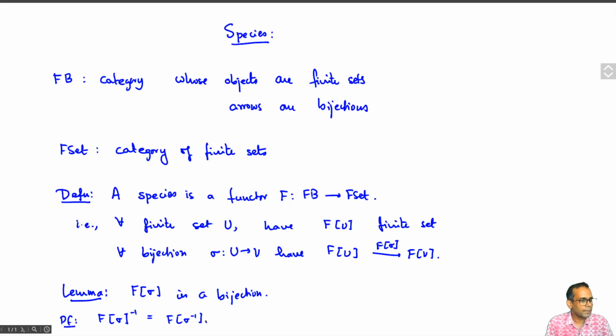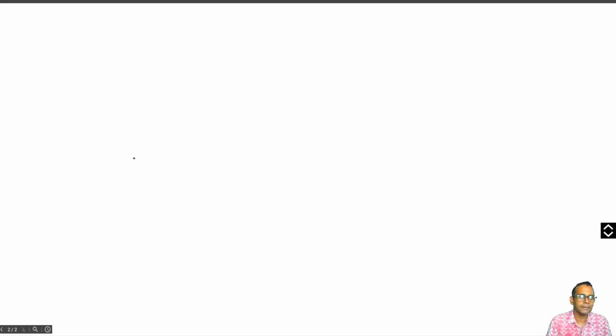Okay, so let's look at an example to just get an idea of what's happening here. So we'll call the A, FB to F set, the species of arborescences, which is rooted trees.